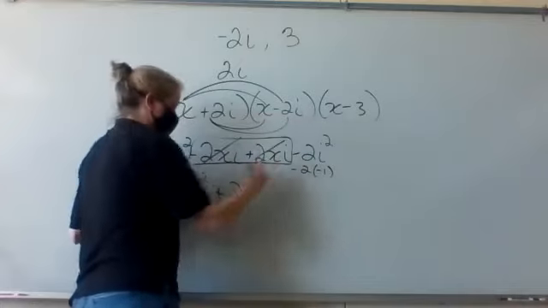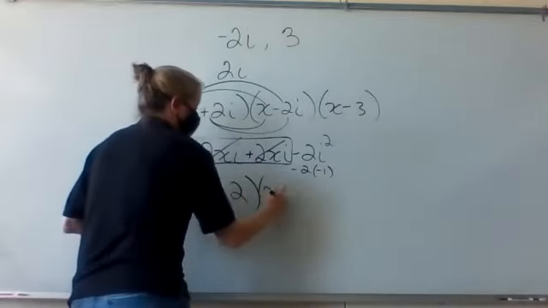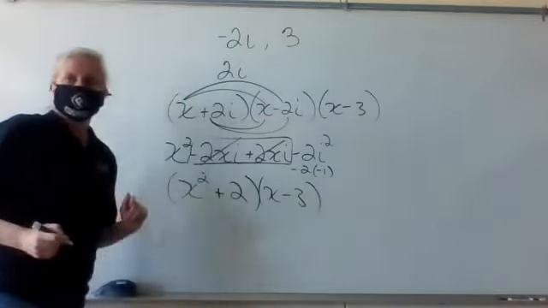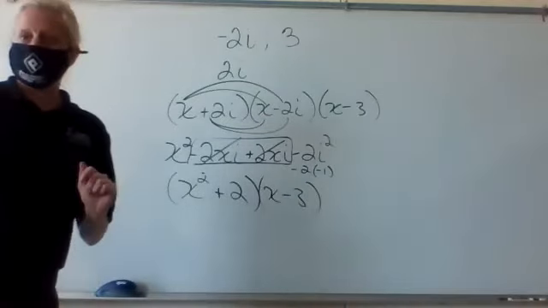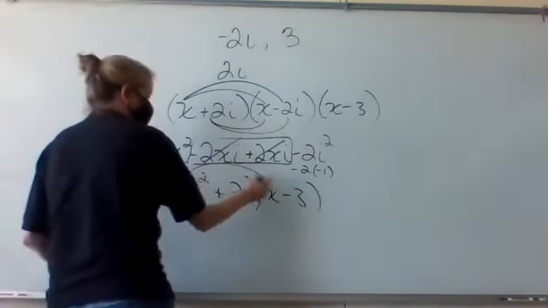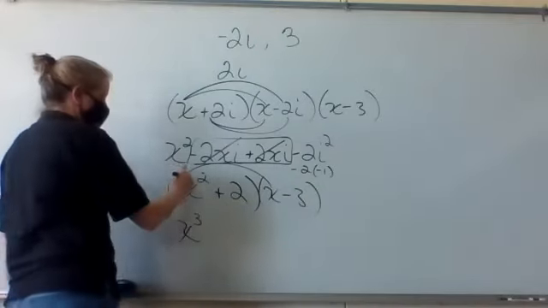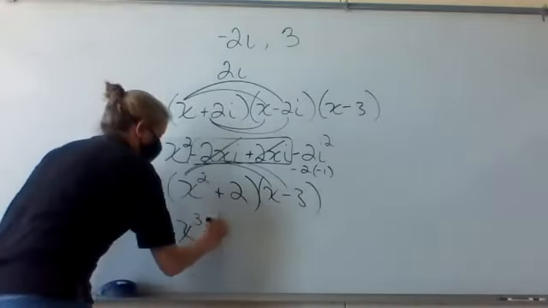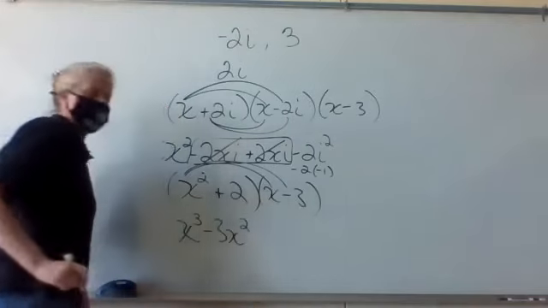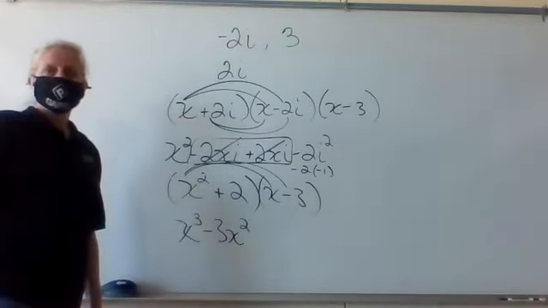Bring down the x minus 3. FOIL that together and you'll be done. So x squared times x gives me x to the 3rd. x squared times negative 3 is negative 3x squared.